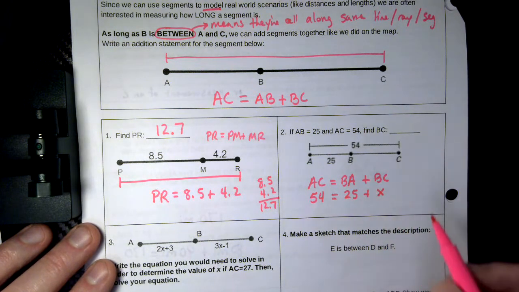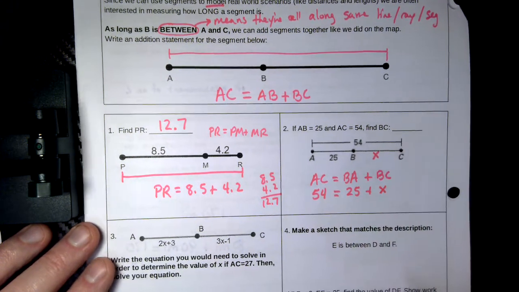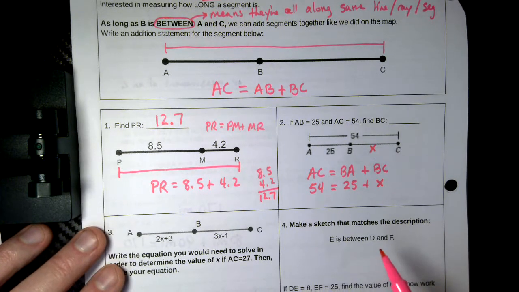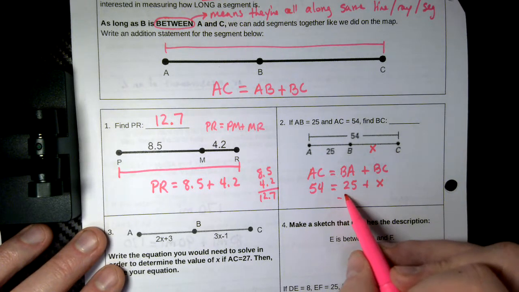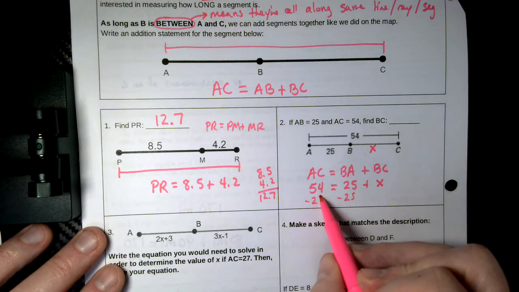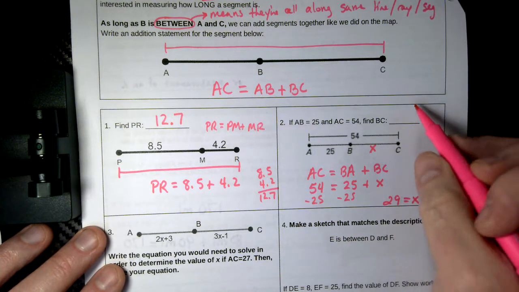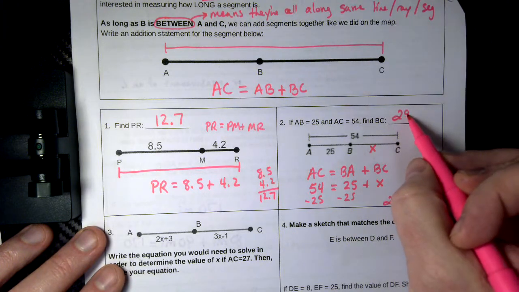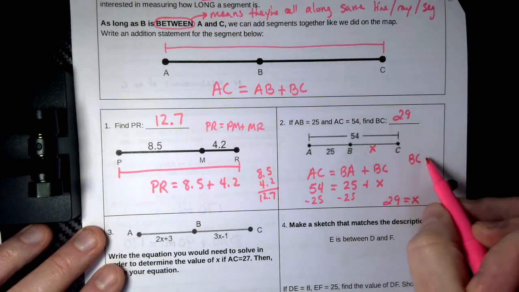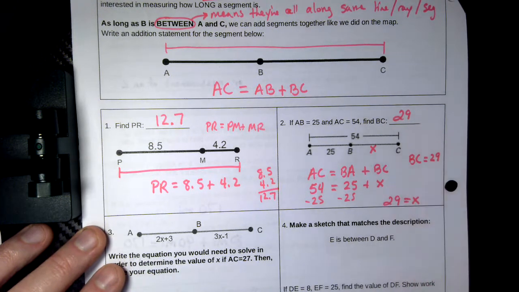We'll call it X. That would be the number that goes there, or question mark, or whatever you want to call it. So to get that answer, just subtract 25. Subtract 25 on both sides, and I get 29 is equal to X. And BC, or you can say the length of BC, is equal to 29.